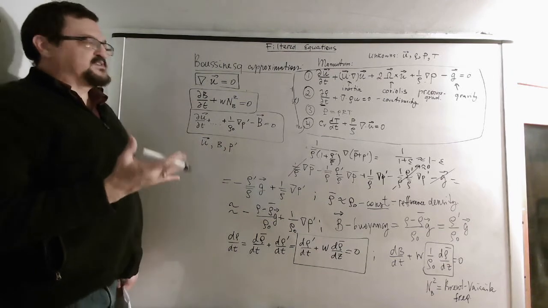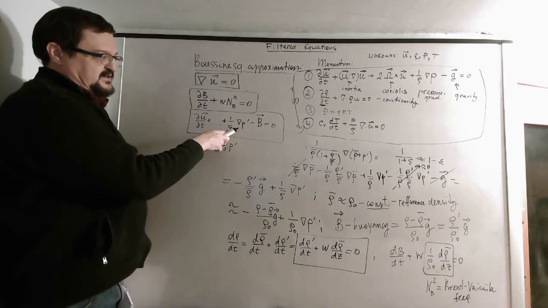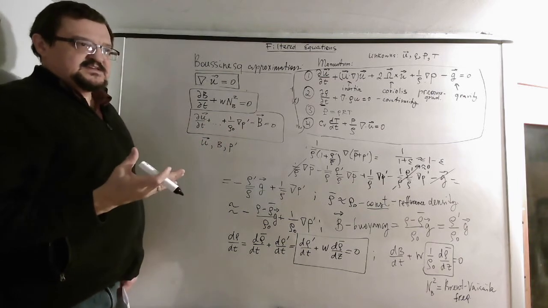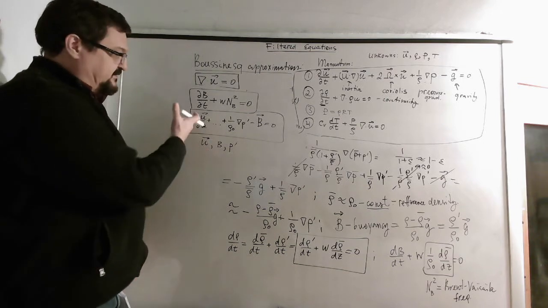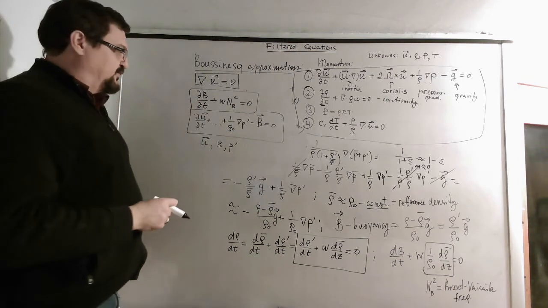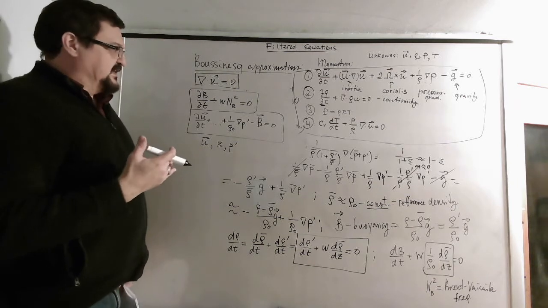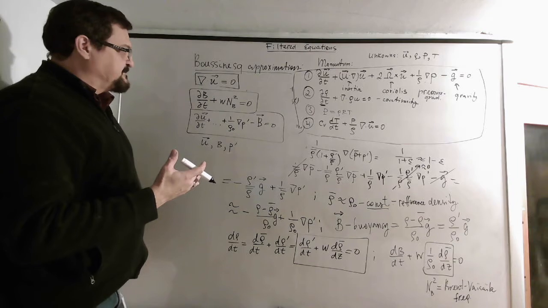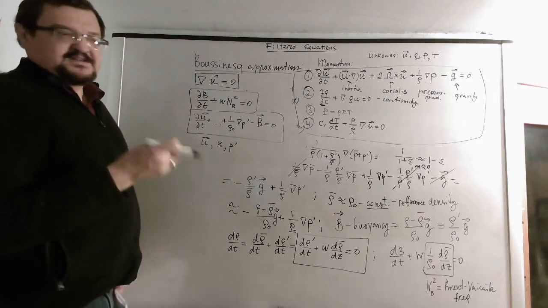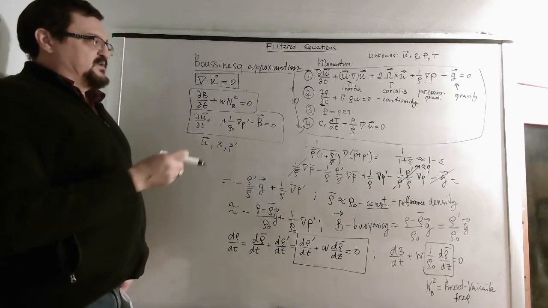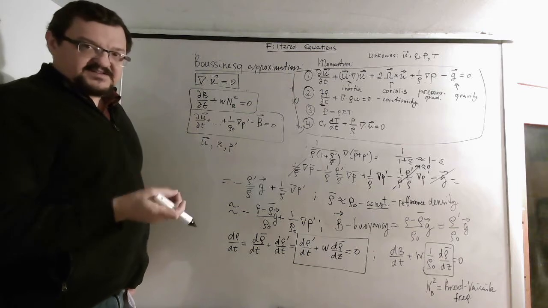So the Boussinesq approximation basically is the following. You see there is a rho only here, which is just a number. So density is assumed to be constant in the momentum equation everywhere except for the buoyancy term. So it's incompressible.